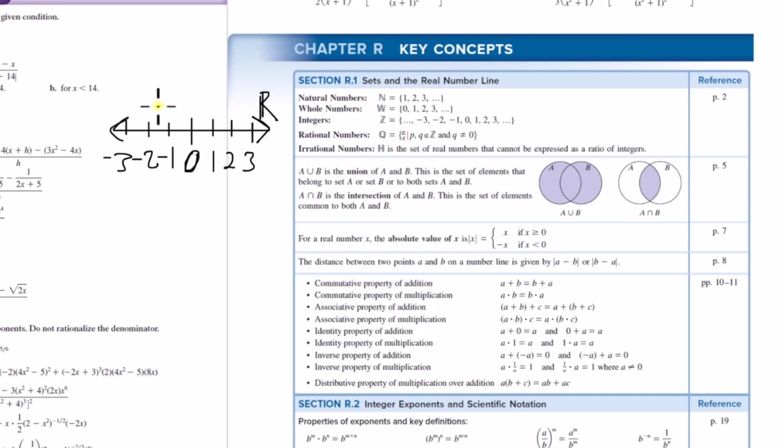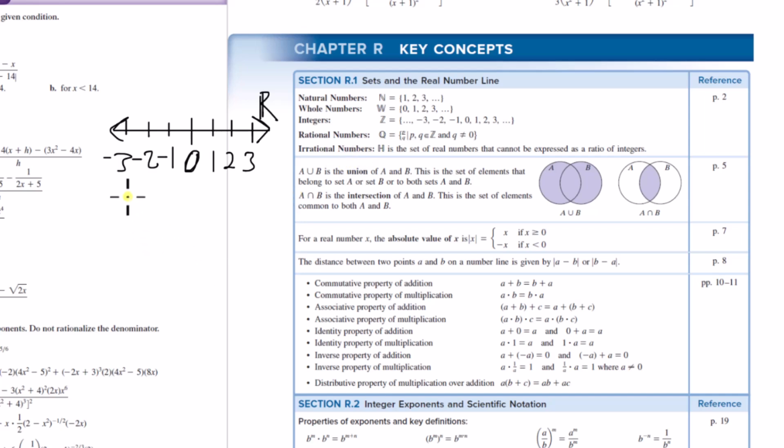And so what we did was we took the set of all real numbers and broke it down completely into different subsets. We looked at the natural numbers, the whole numbers, the integers, the rational numbers, and the irrational numbers.